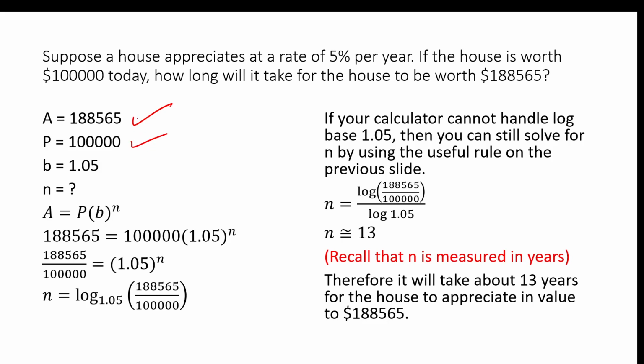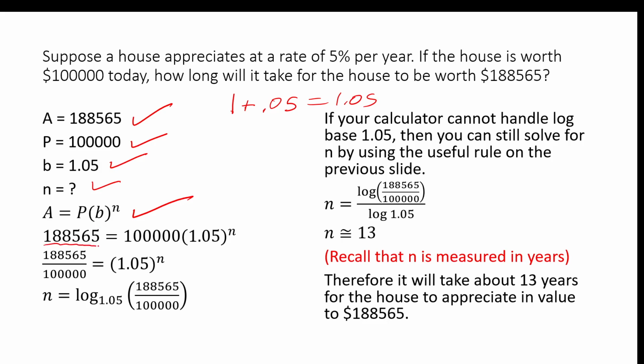The base is 1.05 because it's 1 plus the rate of increase. 5% changes to 0.05, so we get a base of 1.05. And n is unknown. So we can say A equals P times B to the n.